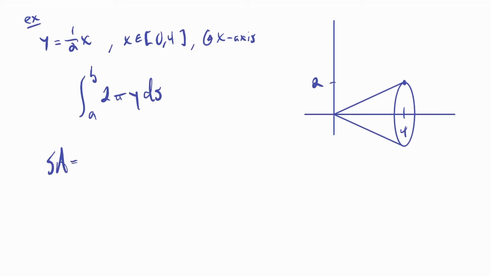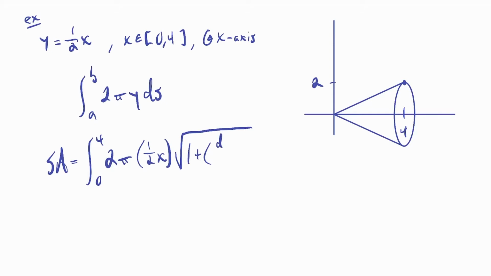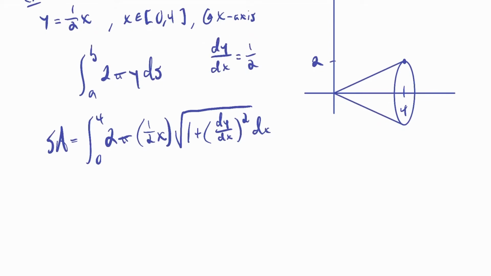This will be the integral from 0 to 4, that's our interval, of 2 pi times 1/2 x times the square root of 1 plus dy dx squared dx. Okay, so of course dy dx is 1/2, right? So if you square that, you have 1/4.